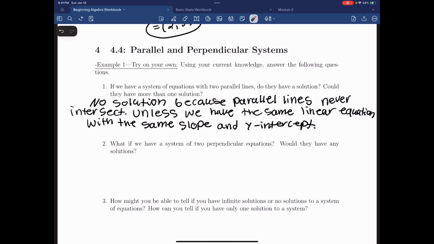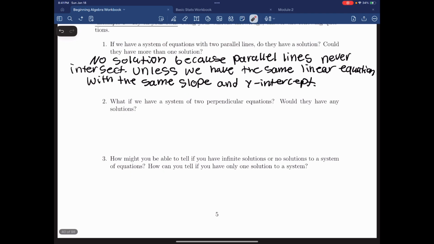All right. For number 2, the question is, what if we have a system of two perpendicular equations? Would they have any solutions? The answer to this is yes.